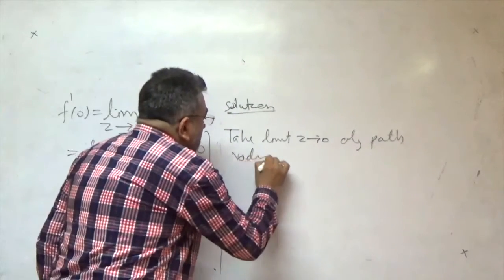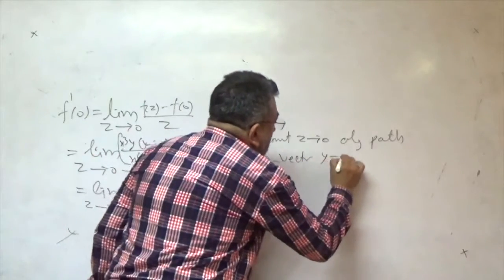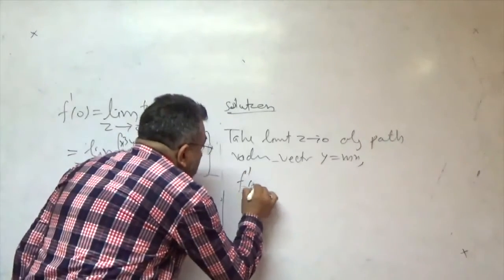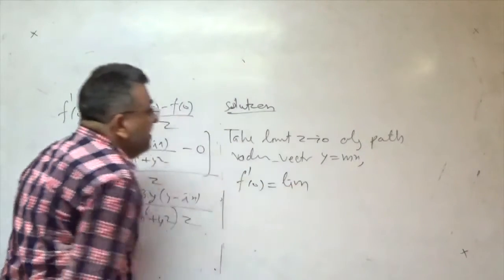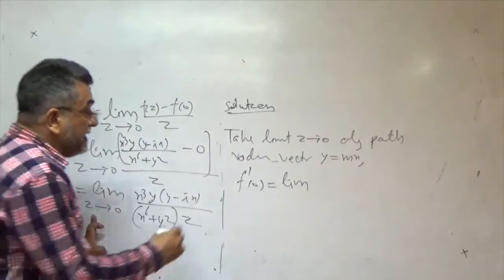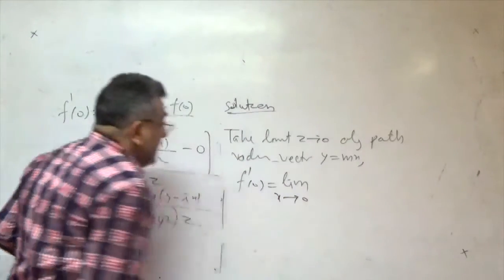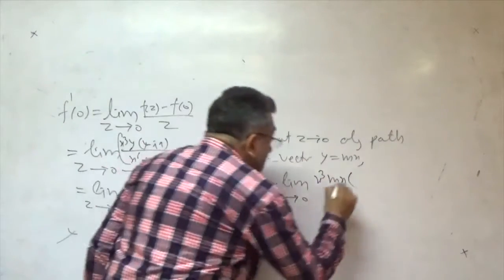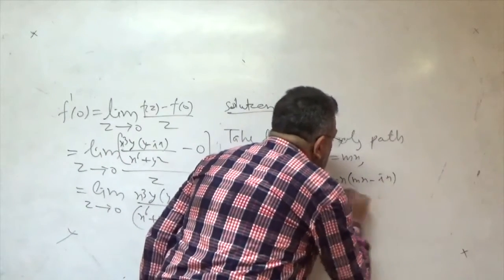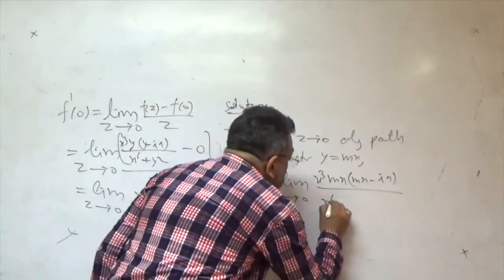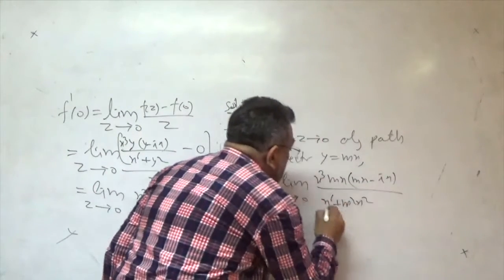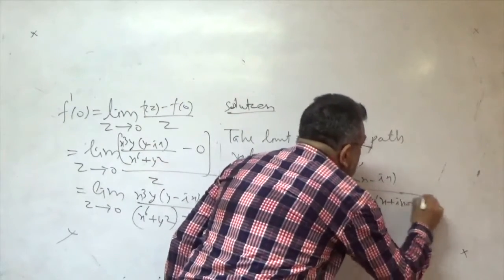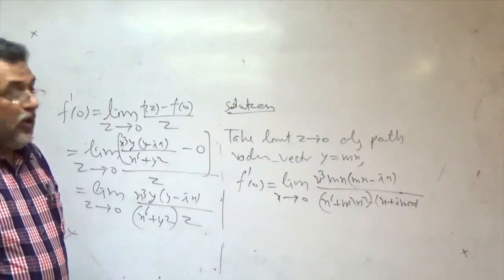any radius vector, that is y equal to mx. Then what will we get? f dash 0 is equal to the limit. Putting y equal to mx, z converts into x tending to 0, that is x cube times m x, minus ix, upon x to the power 6 plus m square x square, into z, which means x plus i mx.